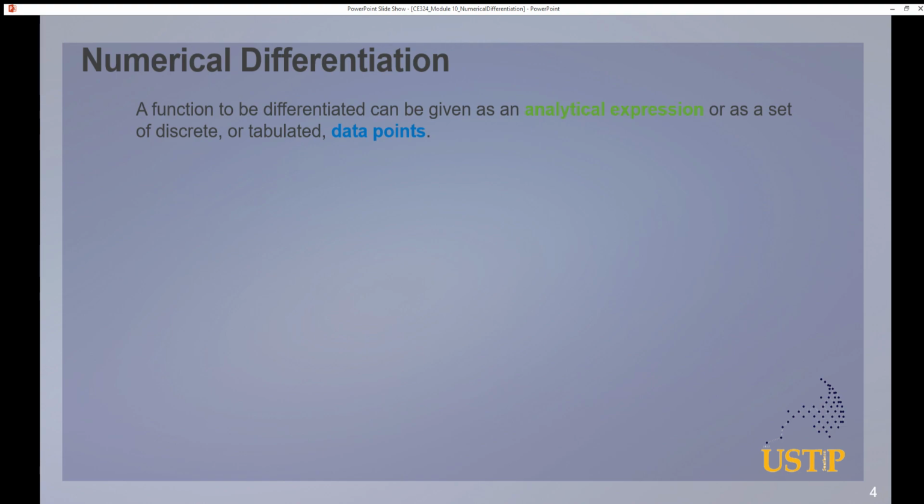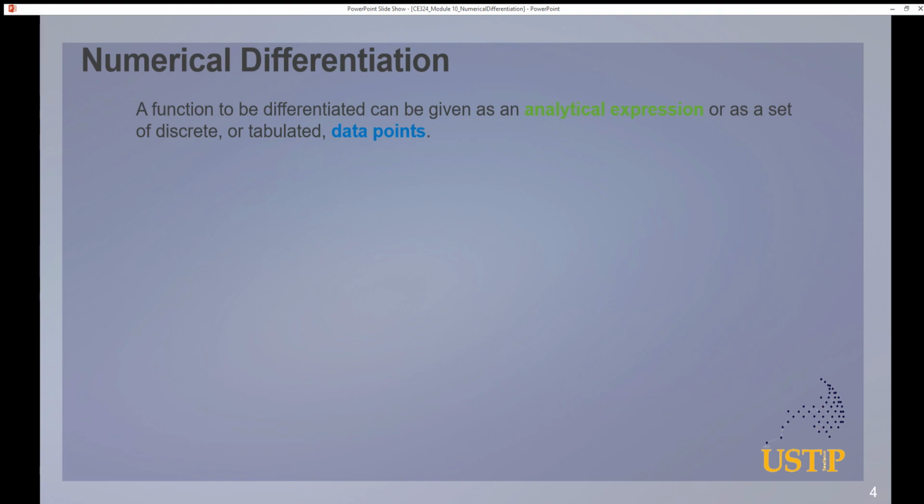Velocity, excuse me, is the derivative of displacement with respect to time. So if velocity is what we have, how do we get the acceleration if velocity is our only data?